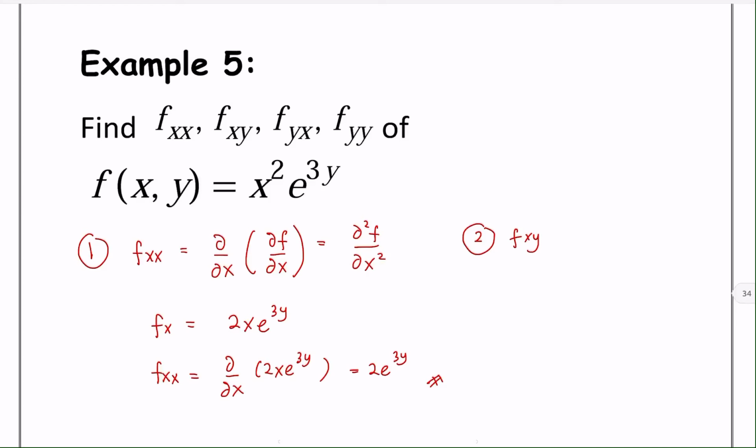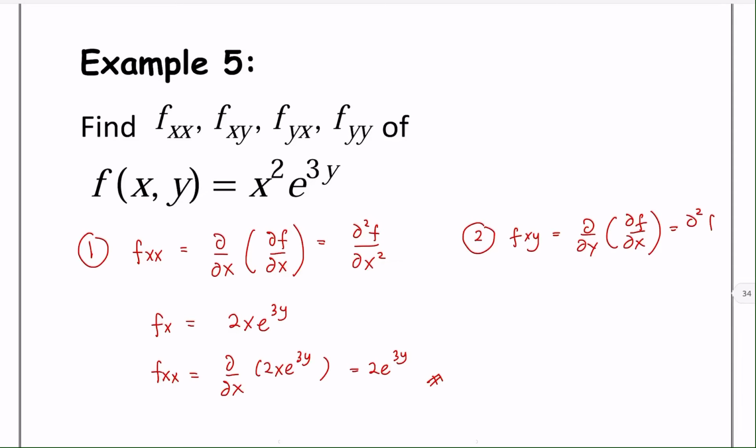So now next one, fxy. So fxy means we differentiate del f del x first, meaning that del squared f del y del x. So first of course we need to differentiate fx, so del x of x squared e 3y.